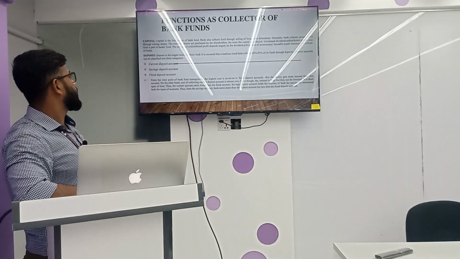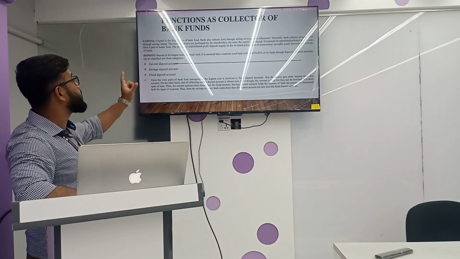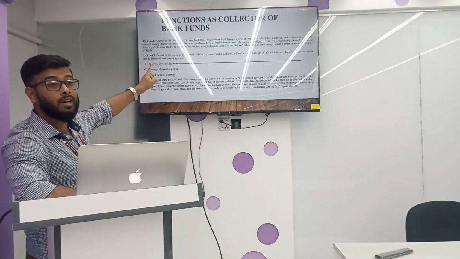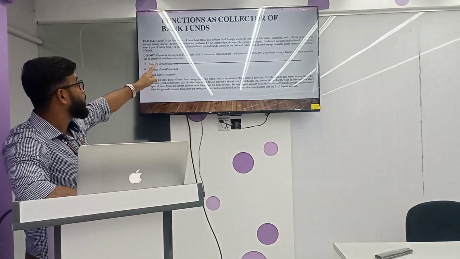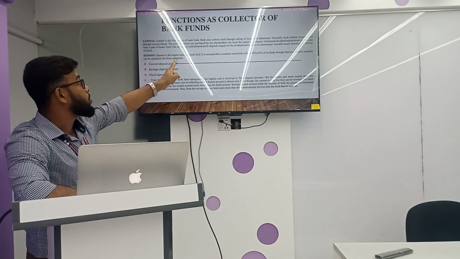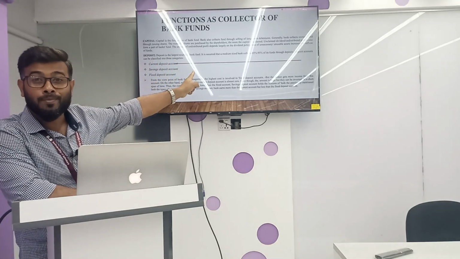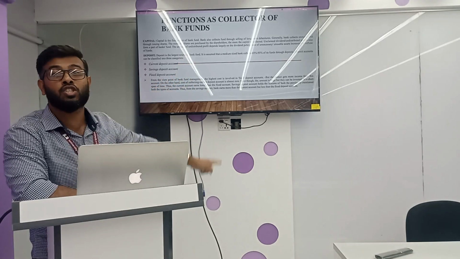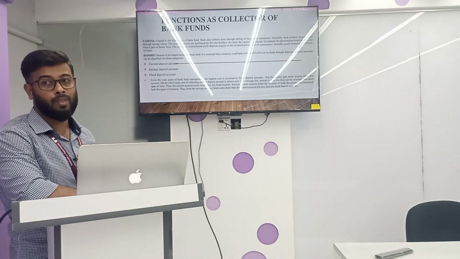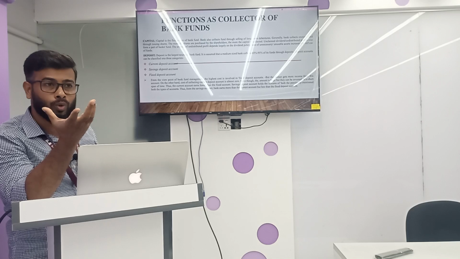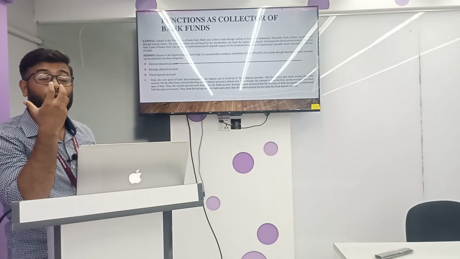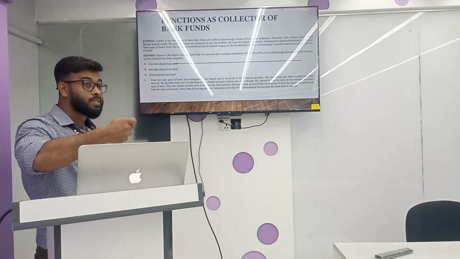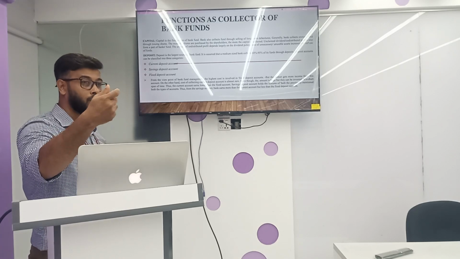Let's see the definition. Capital is the first source of the bank fund. The bank also collects funds through selling long-term debentures. What is a debenture? A debenture is a form of a loan. For example, I am selling you a paper.